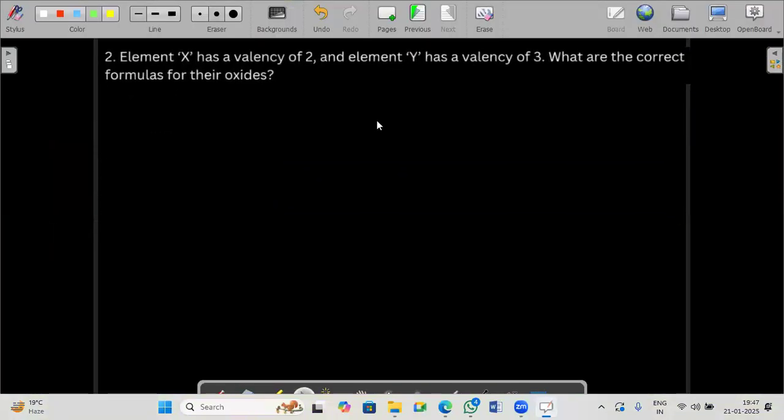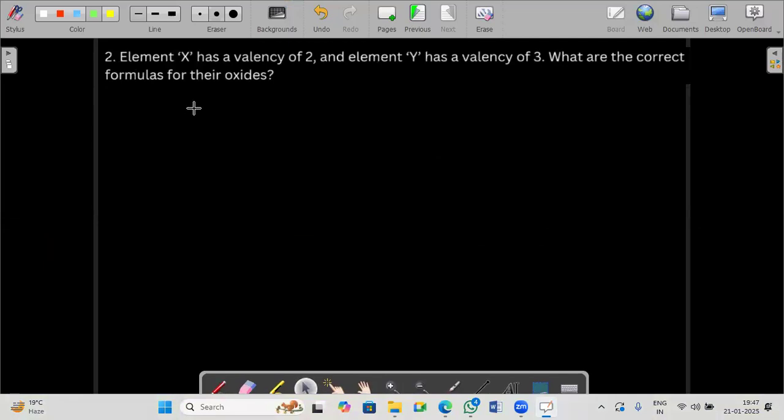The element X has valency 2, so we write 2 here. Then we want the oxide, so we write O, and oxide has a valency 2. The ratio comes out to be X2O2, and since the ratio is the same, you can cancel it and it is equivalent to XO.